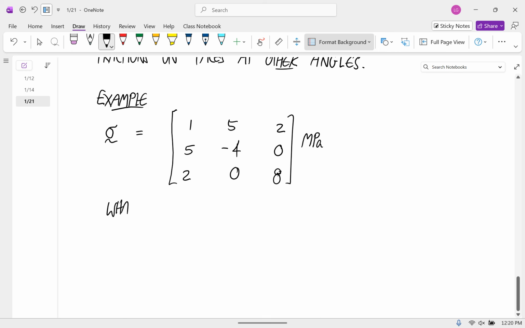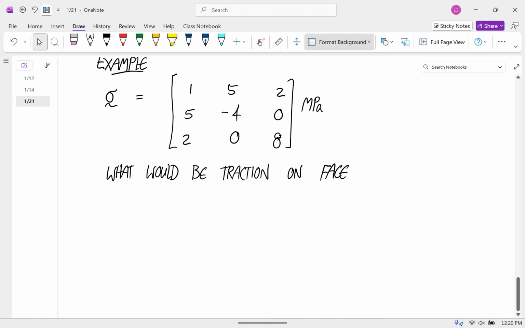And we want to know what would be the traction on a face that's rotated like this. So here's, let's say this is our XY coordinate system, our XY axes, the Z axis is coming straight out.